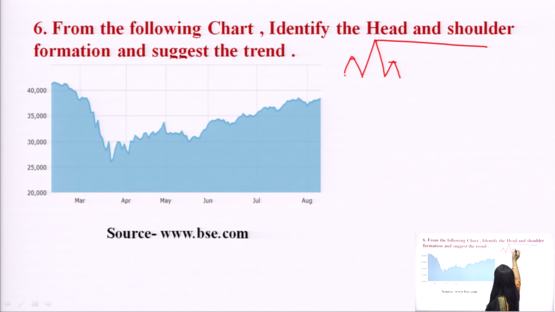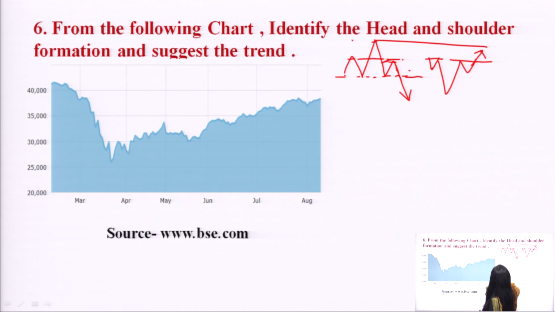So, there are two shoulders and one head, and this line is called the neckline, and if the price penetrates this neckline, it is indicating a trend reversal. This is the head and shoulder formation, and this is the inverted head and shoulder formation. If this line penetrates this line by more than 5%, it again indicates a trend reversal.